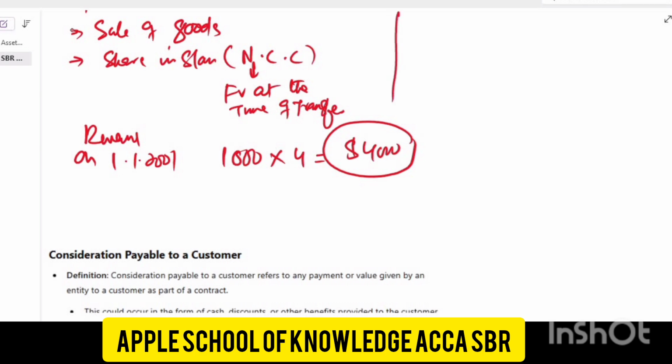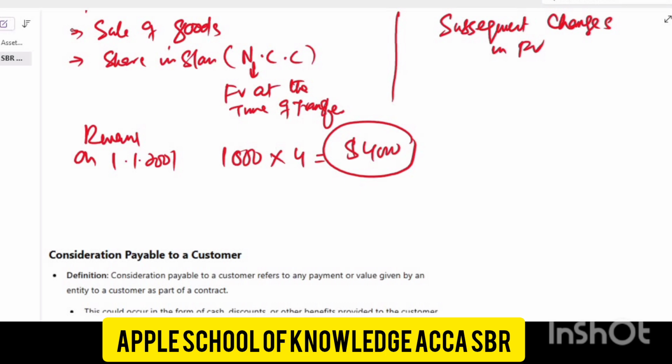Now, subsequent changes in fair value. About that we know that the change in fair value should be accounted for under IFRS 9 Financial Instruments, and that is not a part of revenue.